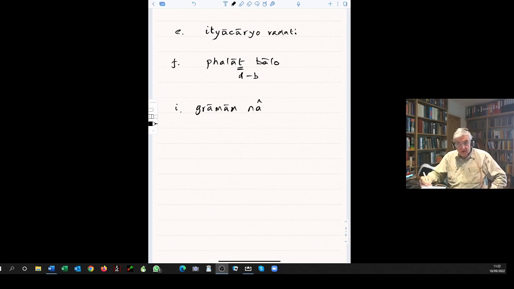I'm writing the circumflex here because it's the merging of the na agachami, nagachami. As I've said before, this is never reflected in the Devanagari. There's no mechanism in the Devanagari script to reflect it. So, Graman Nagachami, I am not coming from the village. Nripasya putro vadati. That's simple enough. The king's son says.